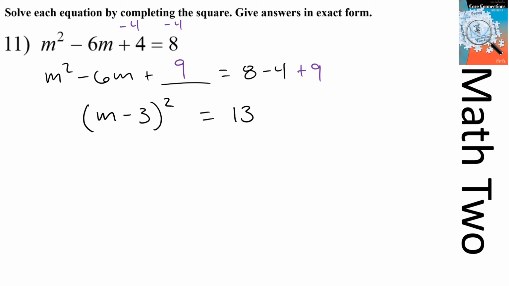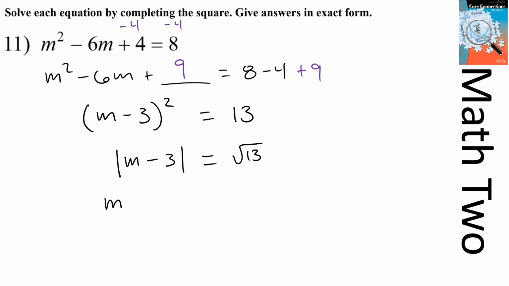So when I take the square root of both sides, the square root on the right-hand side is the square root of 13. And over on the left-hand side, the square root of m minus 3 quantity squared, again we go to the absolute value function. Looking inside, m minus 3 can either be positive root 13 or negative root 13.